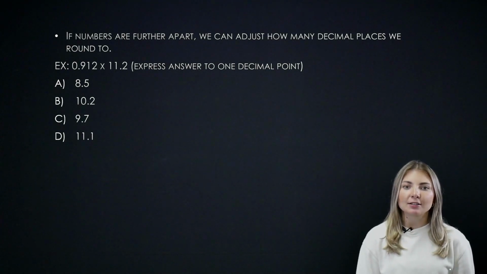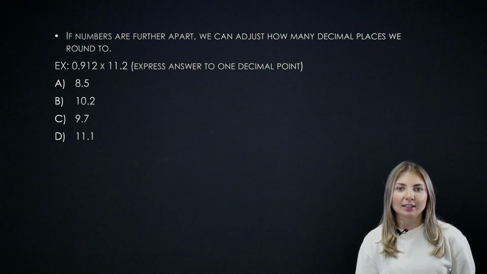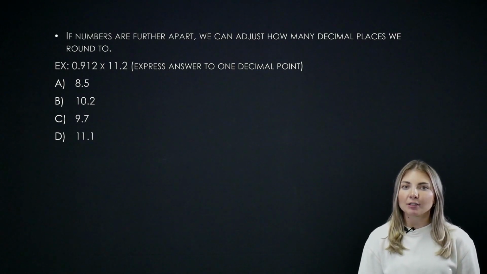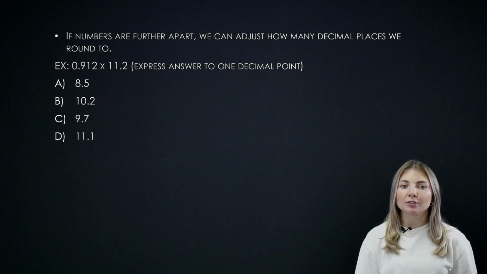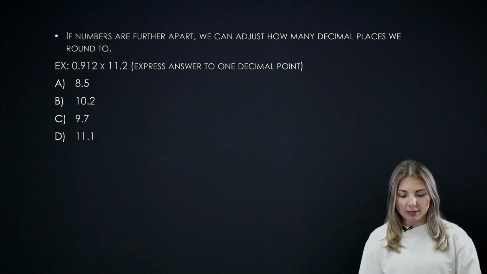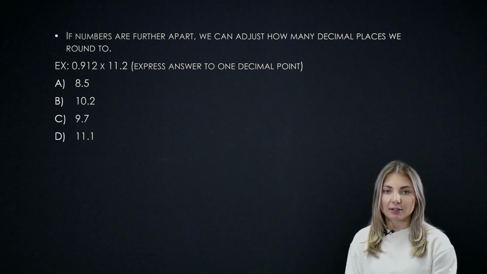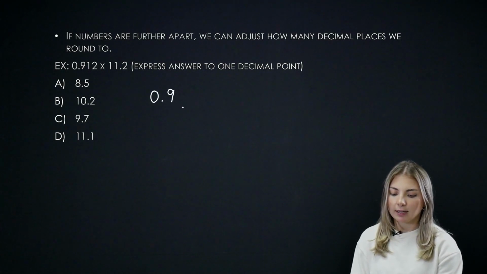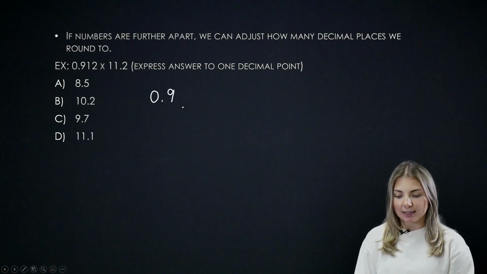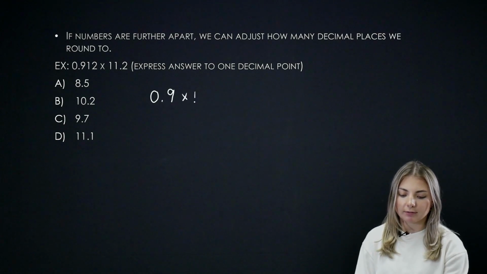So based on this, we do not have to round as specifically, and I'm actually going to round one number to 1 decimal point and then the other number to a whole number. So in this case, I'm going to round the 0.912 to 0.9. And then I'm going to round the 11.2 to just 11.